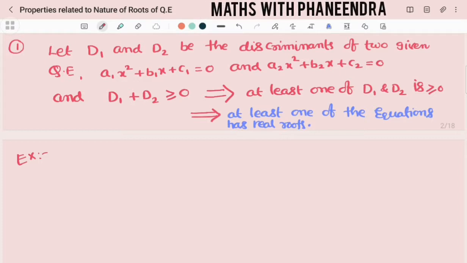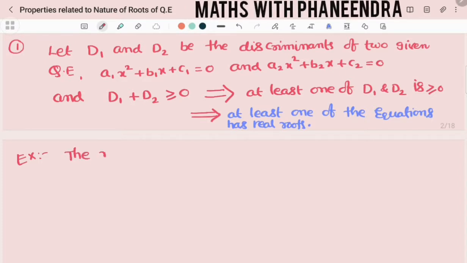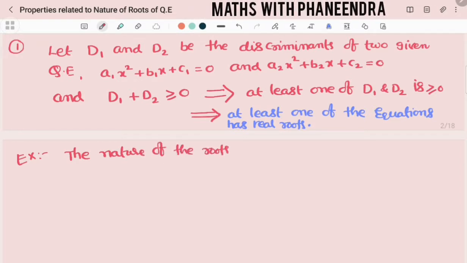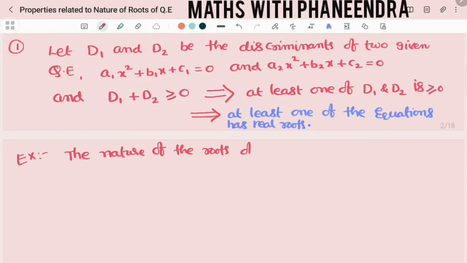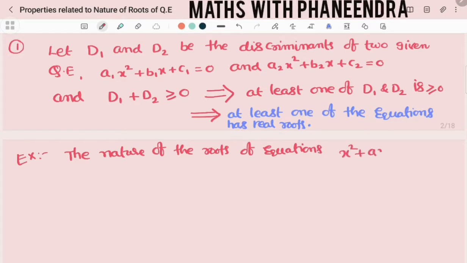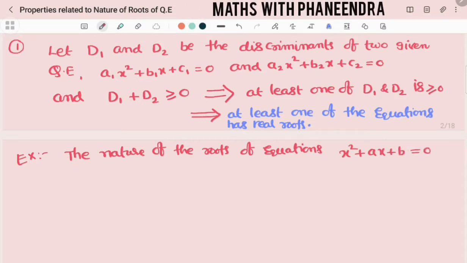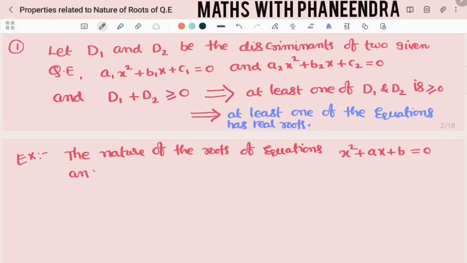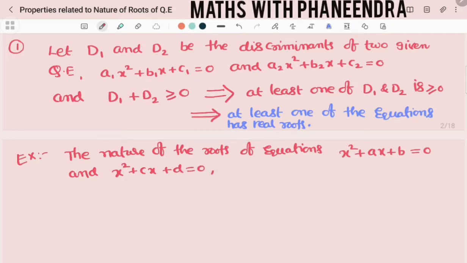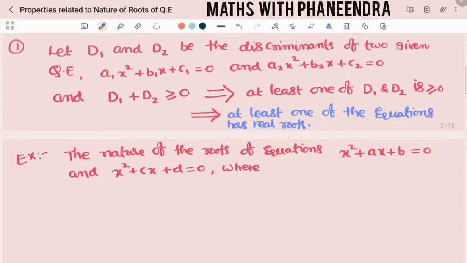The question is about the nature of the roots of the equations x square plus ax plus b equal to 0 and x square plus cx plus d equal to 0, where a, b, c, d are real numbers.